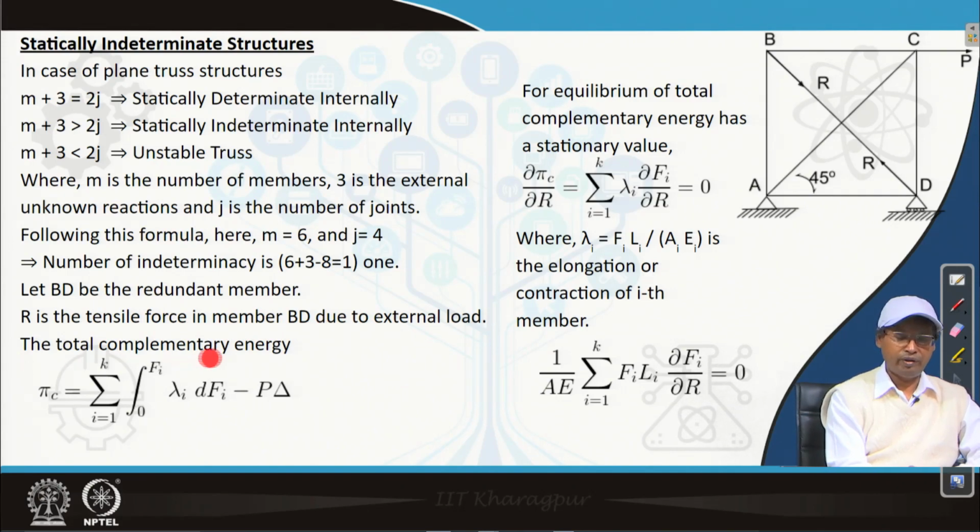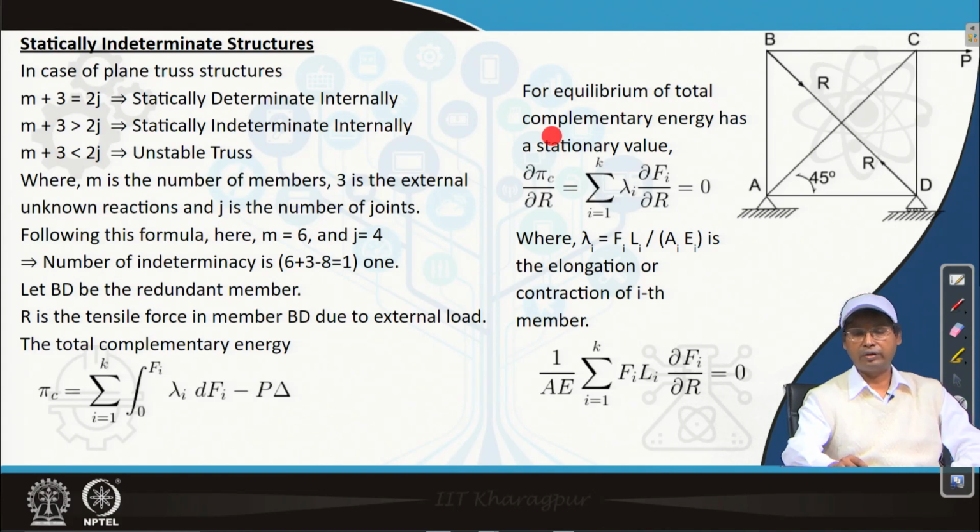The total complementary energy, as we have done many times, is the integral of lambda_i dF_i from 0 to F_i, summed over i equals 1 to k, minus the external energy induced into it. For equilibrium, the total complementary energy has a stationary value.